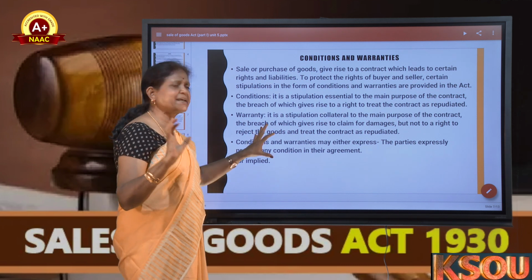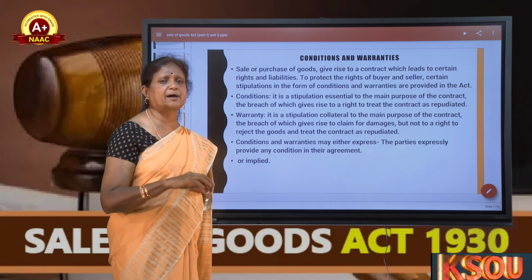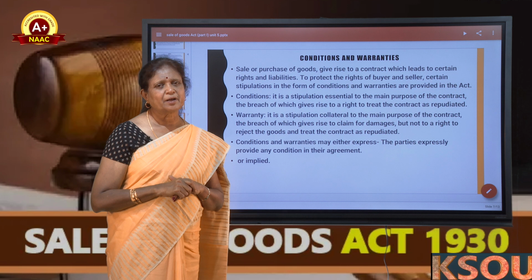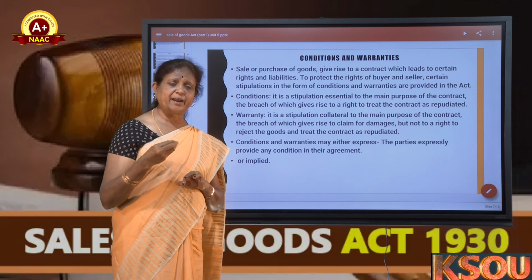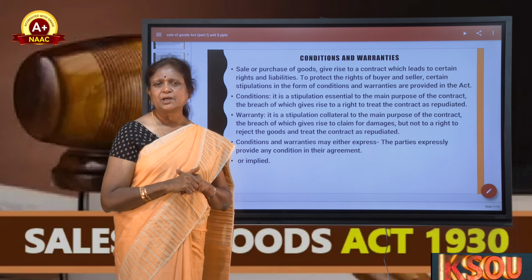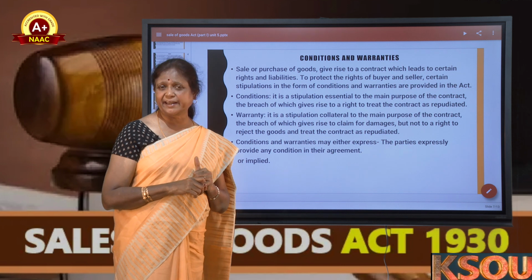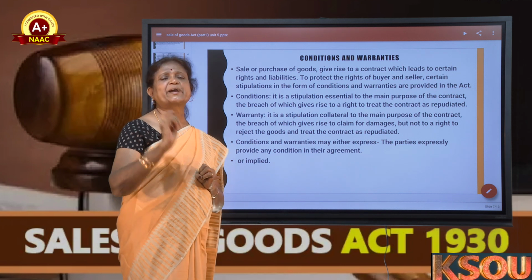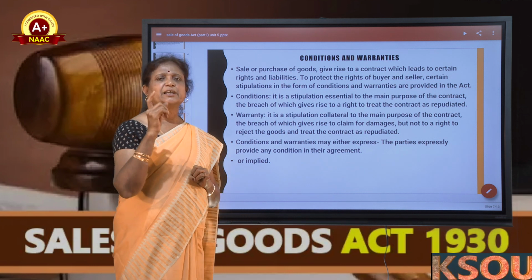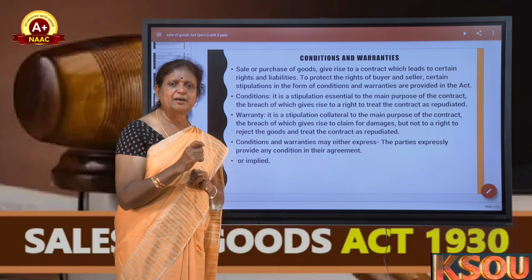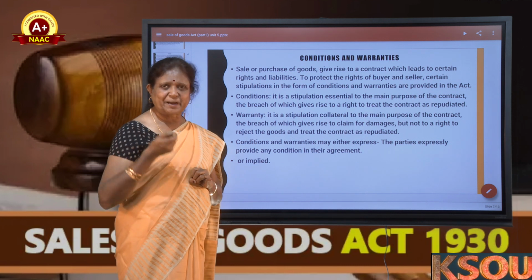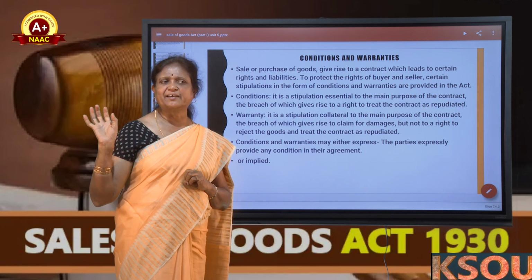Just a best example can be given: a lady ordered a red sari to be worn at her marriage. So the color of the sari and the date of marriage are considered a condition, because if the sari is not given by the date of marriage, the purchase becomes invalid.